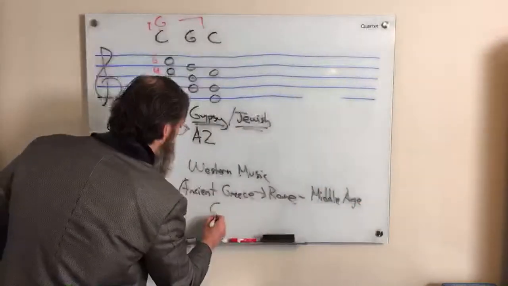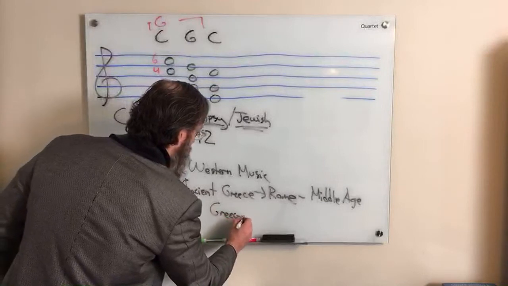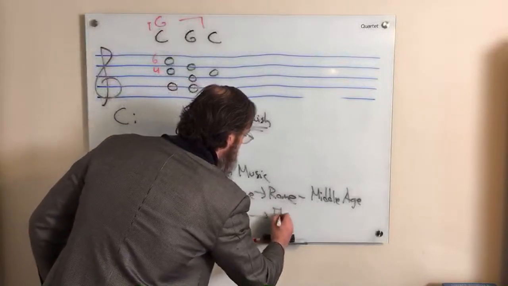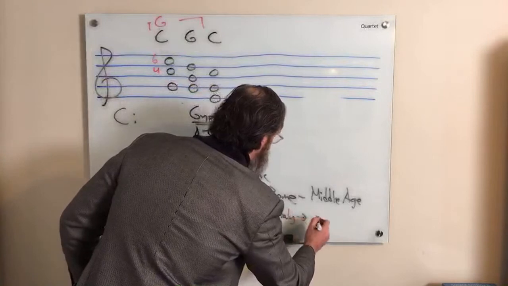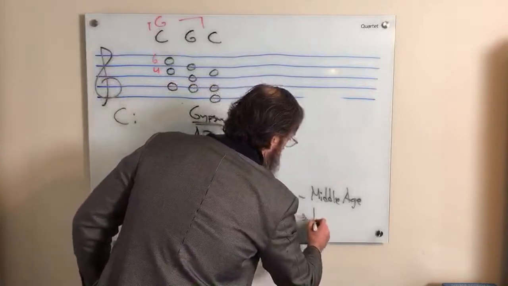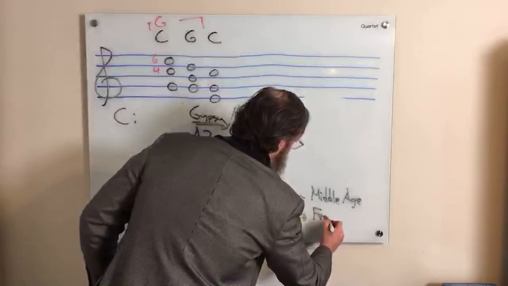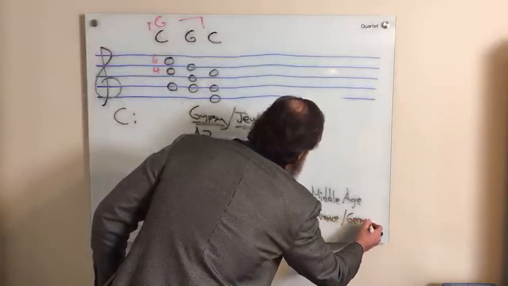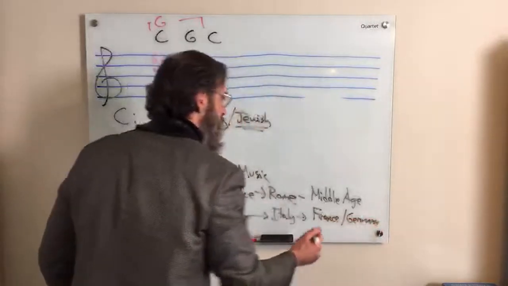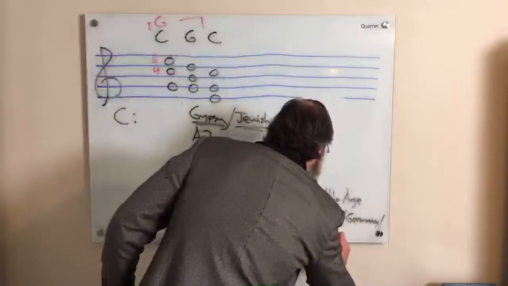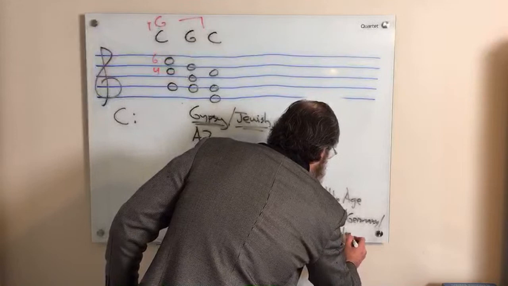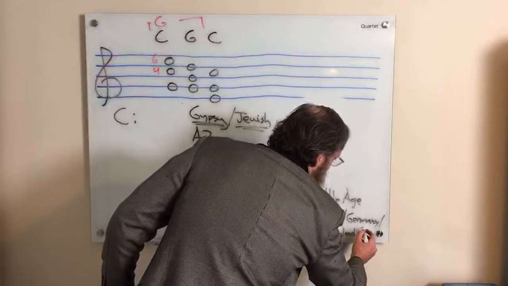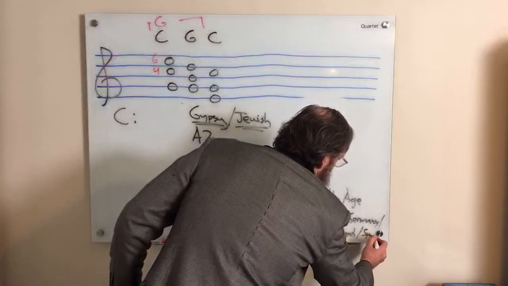And geographically, we're talking about Greece, going to Italy, spreading to what's France, what's going to become Germany, though it was not Germany back at this time, and then to a certain extent all the way to England, and then to a minor degree, Spain.